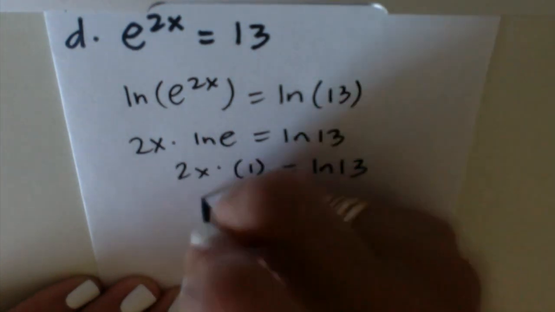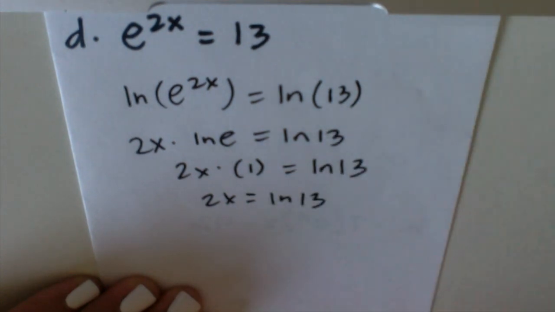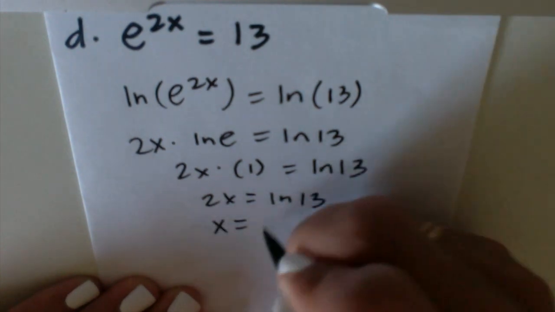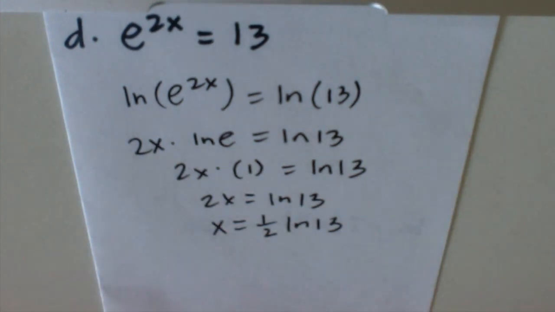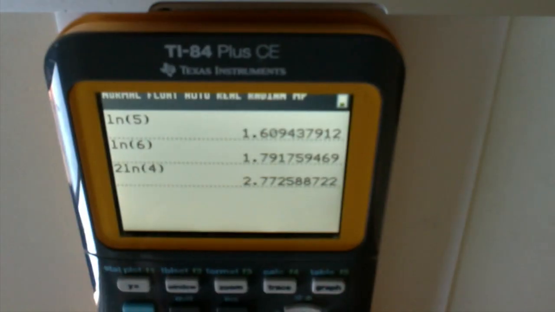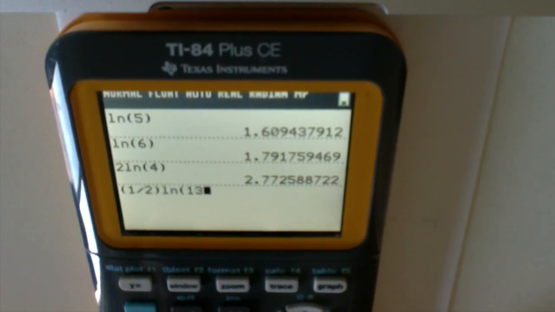So now we just have 2x equals ln of 13. So we're going to divide both sides by 2. I'm going to write the divide by 2 in the front as a 1/2. So now we have x equals 1/2 ln of 13. So I get 1/2 natural log of 13 is 1.282.